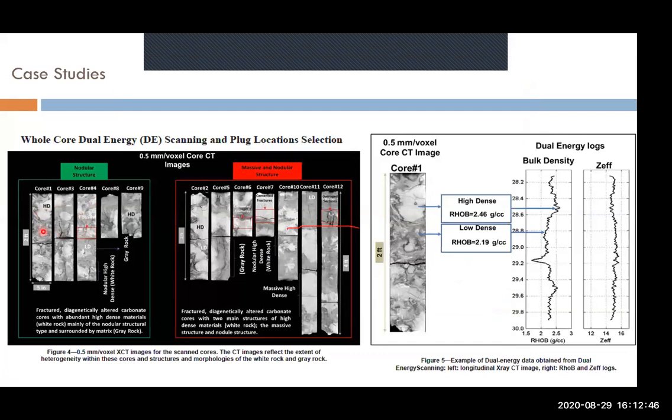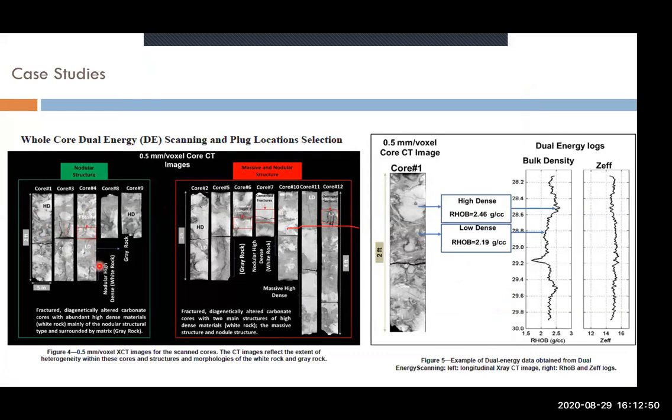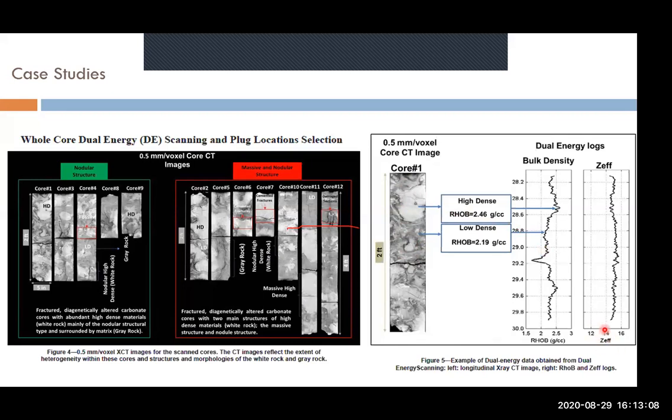selected cores here. We can perform this dual energy CT, as I mentioned before. Based on the CT scanning, with some processing, some numerical analysis as well, we can correlate this level from the CT with the density of the bulk, and also with the effective atomic number.